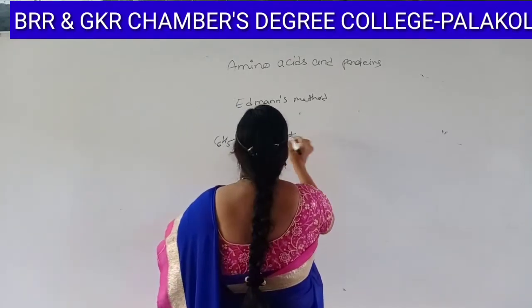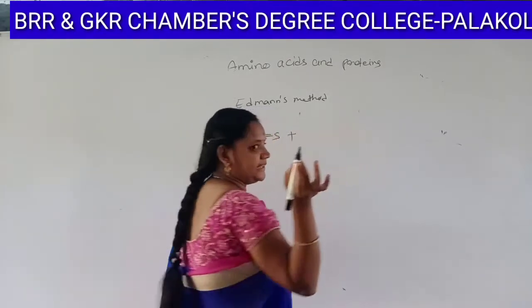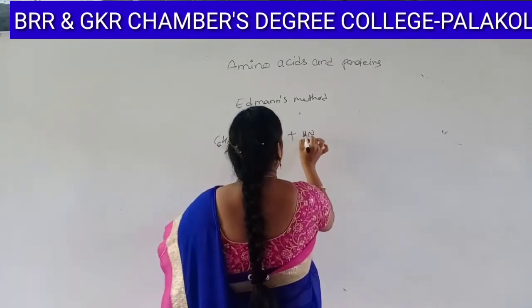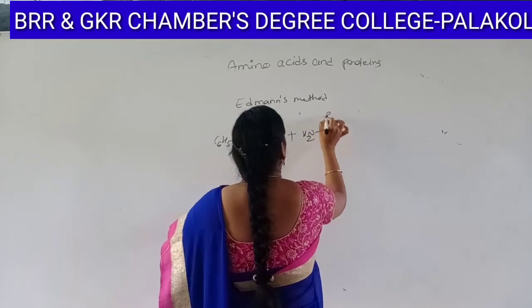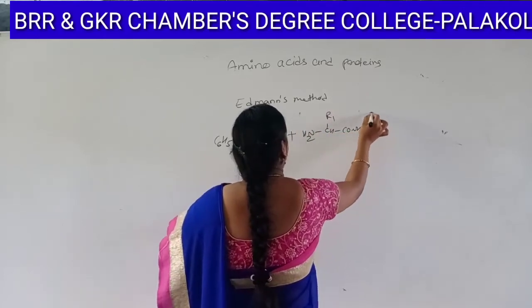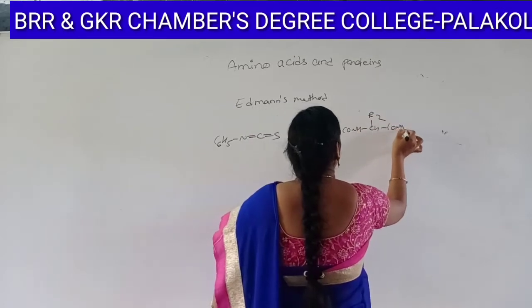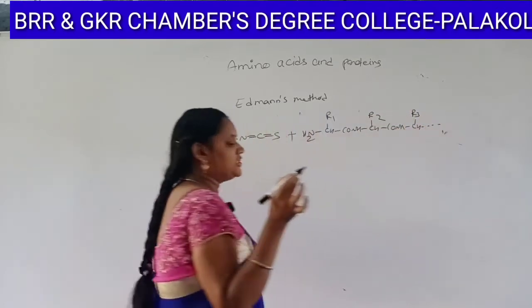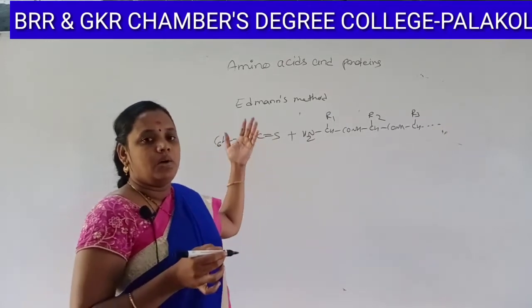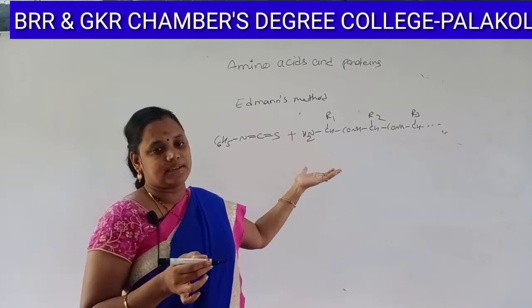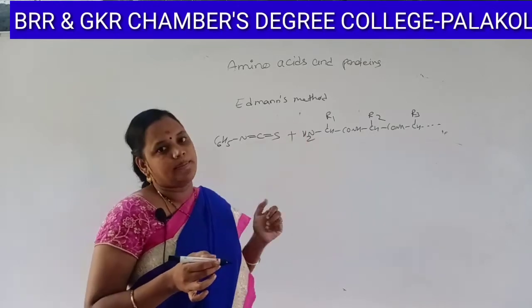Let us take the peptide chain generally as R1, R2, R3: NH2 CH R1 CONH CH R2 CONH CH R3 CONH. Our aim is to know the combination of R1, R2, R3, that is, which amino acids combine to give this polypeptide chain.